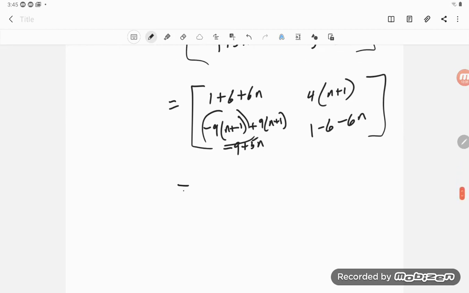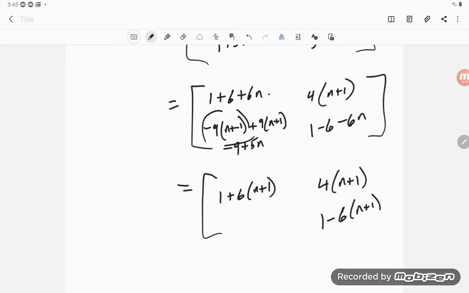Okay, so up here in the top corner, I have 1 plus 6 times n plus 1. I have 4 times n plus 1, so that's good. Down in the bottom, I'll take the 6 out, and I'll have a minus 1 times 6 times n plus 1.